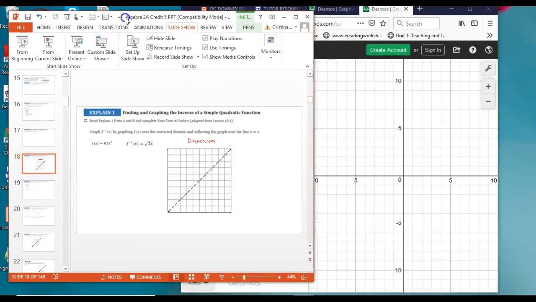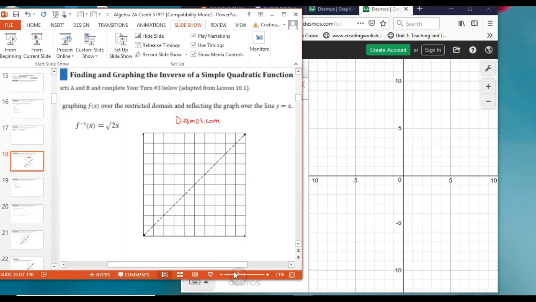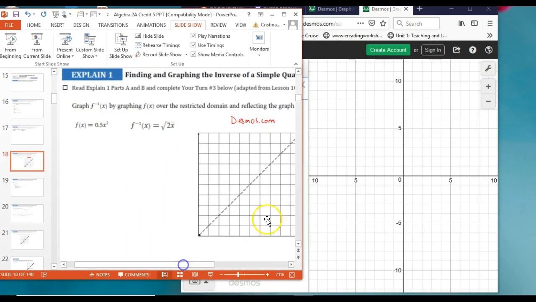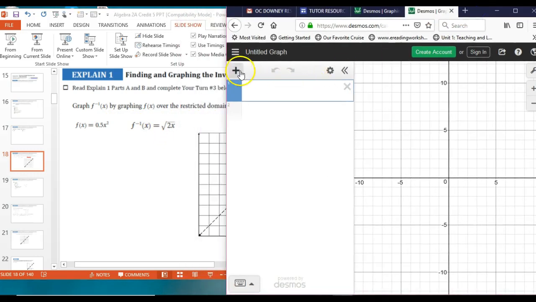Here our two equations are f of x equals 0.5x squared, and f inverse x is the square root of 2x. To create a table of values, so that I can graph these on my own piece of paper, I can press the adding symbol and go to table.